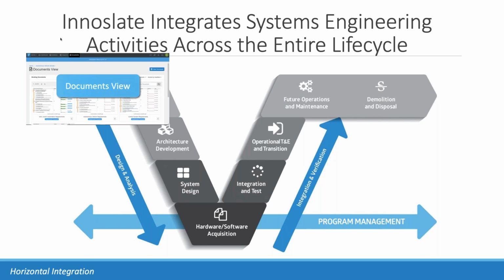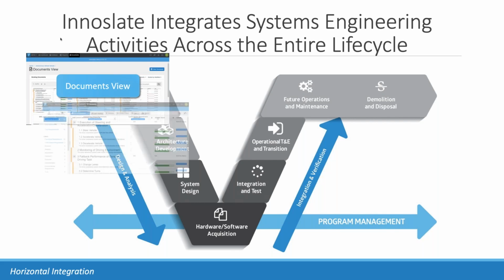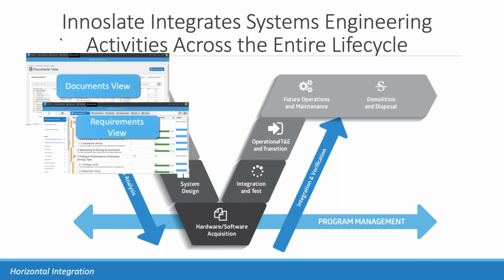Documents view allows you to have addressable individual paragraphs or sentences, or however you want to break down the document, that can then be traceable directly into things. But it's live, it looks like a document, it can be analyzed as a document, it can be worked on as a document. We actually have a special version of that called the requirements view that brings in our quality checker for requirements. That's an NLP checker that actually reads the requirement and scores it against various criteria.